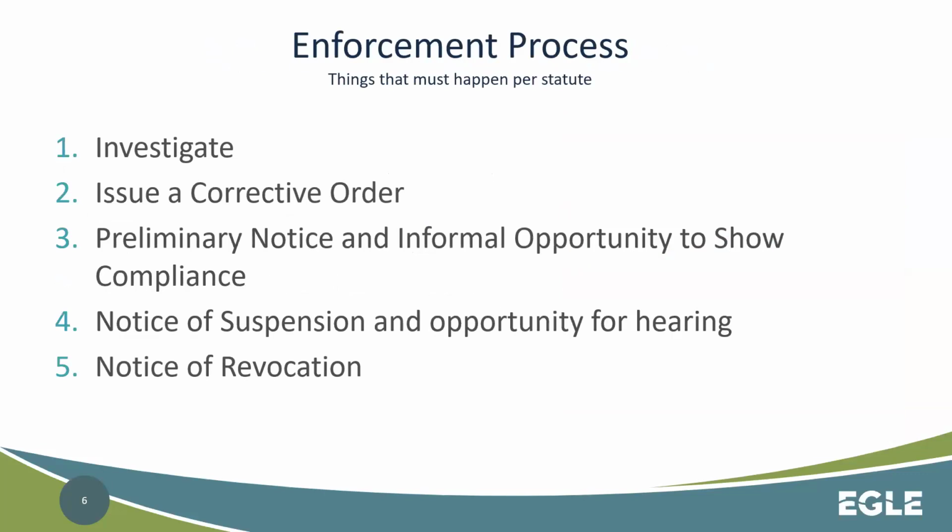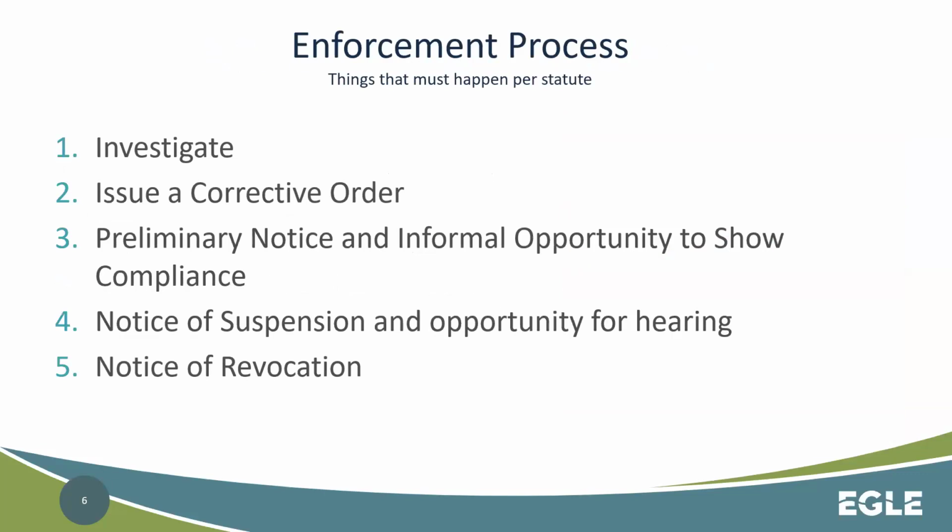So the enforcement process, these are specific things that must happen per statute. So there must be an investigation, a correction order must be issued, preliminary notice and informal opportunity to show compliance. That would be at EGLE's level.